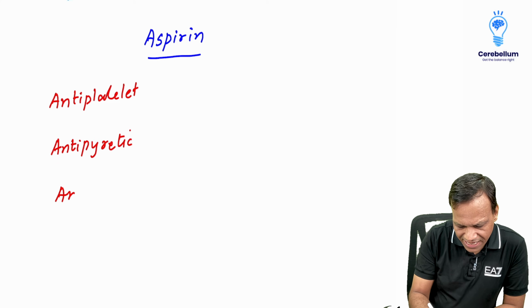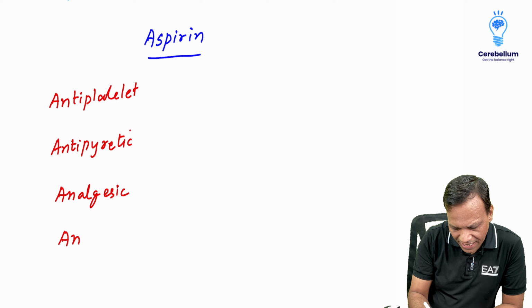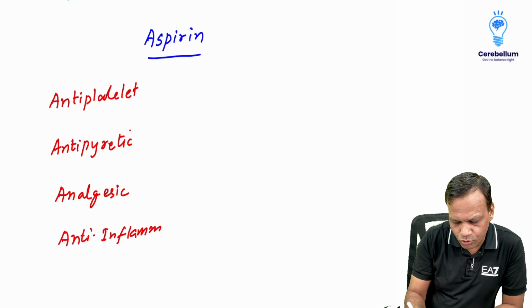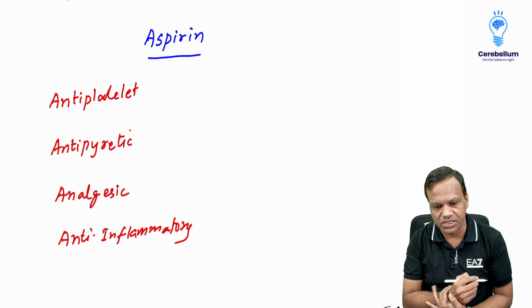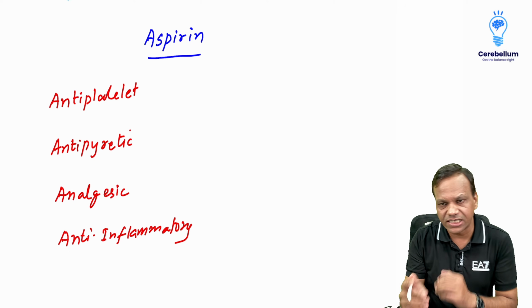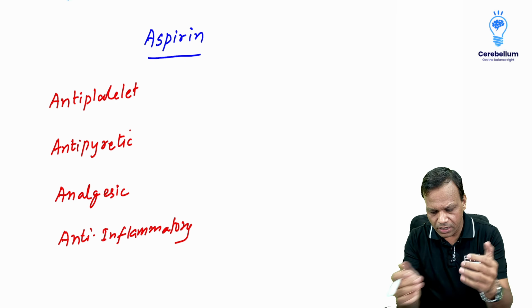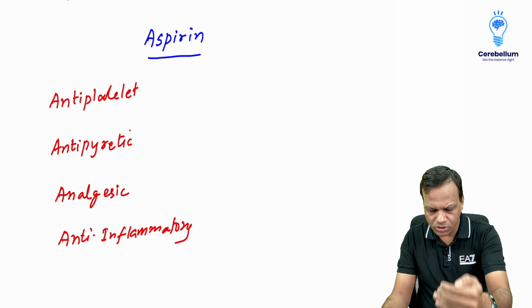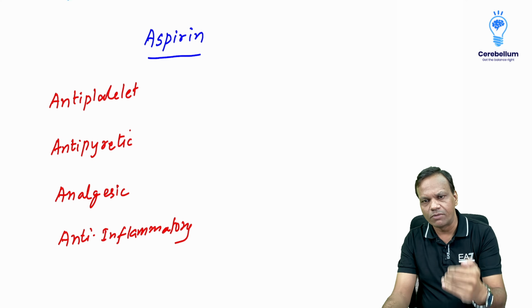It can be used as an analgesic for treatment of pain, and it can be used as an anti-inflammatory also. Antiplatelet action is at a very low dose, antipyretic slightly more dose, analgesic slightly more, and anti-inflammatory still more.